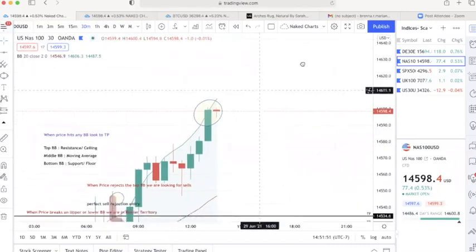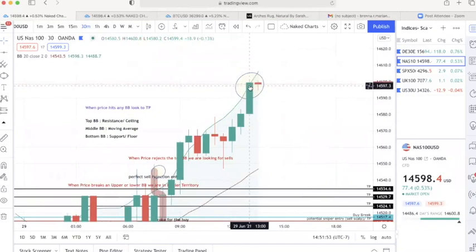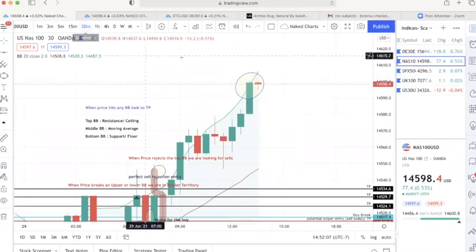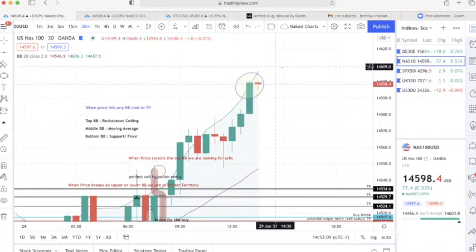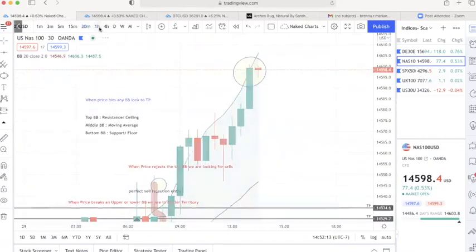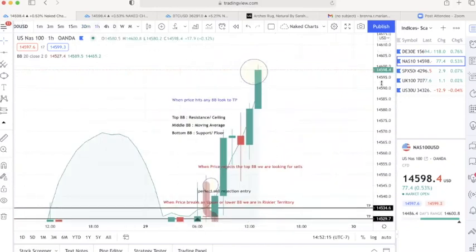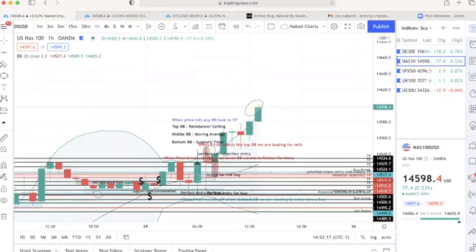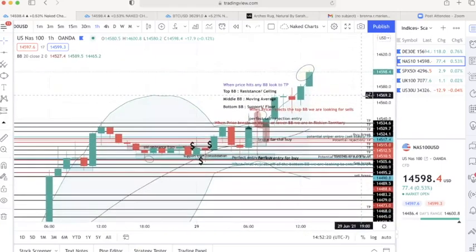Yes. All right. So this could be riskier. We're probably going to sell for now, temporarily, but due to this happening on such a high time frame, the 30-minute time frame, we could potentially still continue to the upside. There's totally potential for that. We want to see what price is doing on the higher time frames in regards to the Bollinger Band. On the 1 hour time frame, look at that.